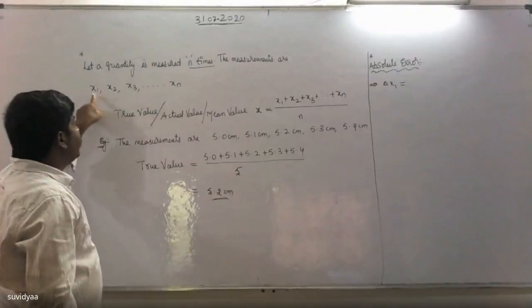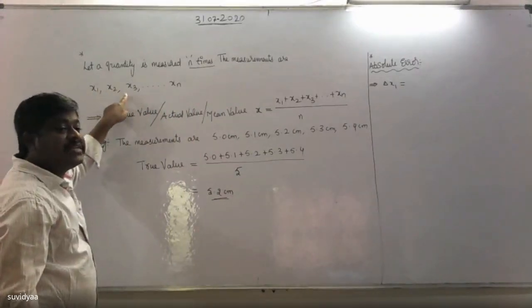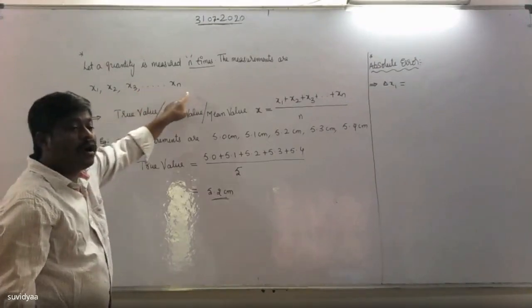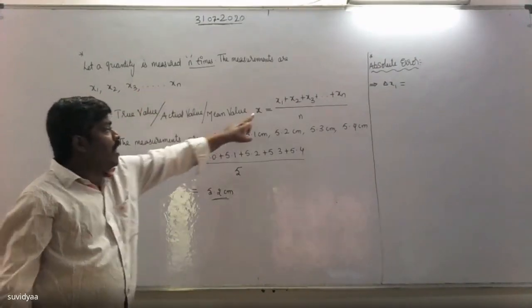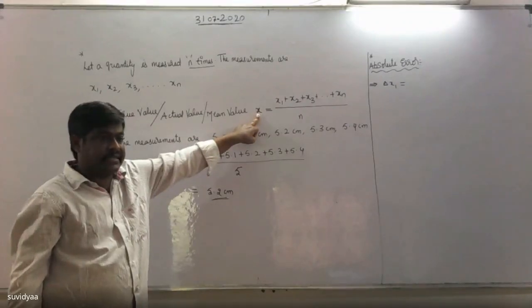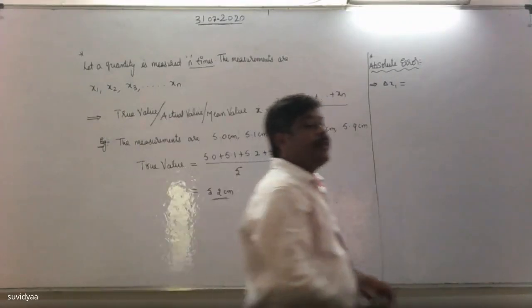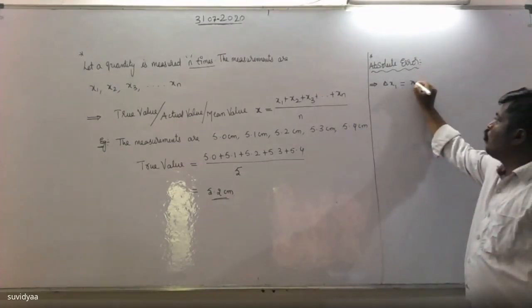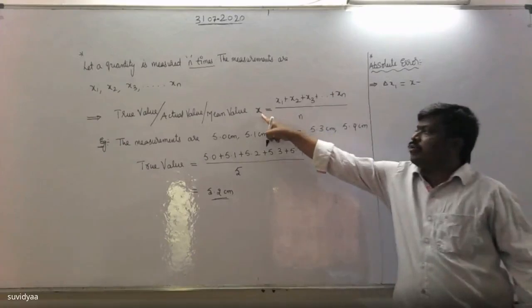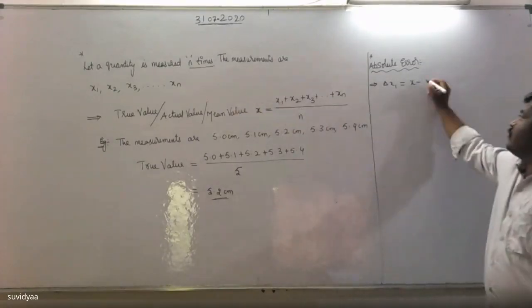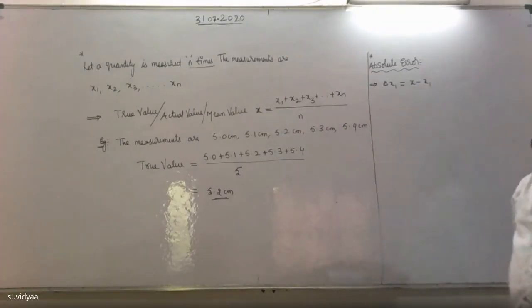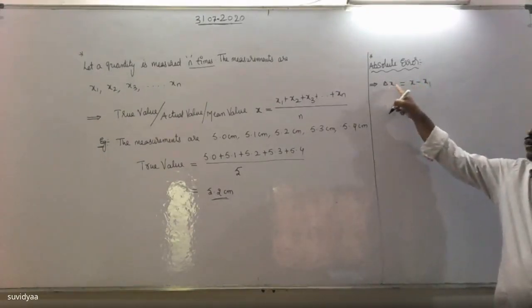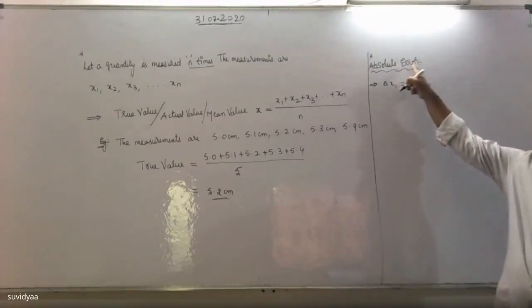The first measurement is x1, second measurement x2, third measurement x3, and so on. True value is X. So absolute error, delta x1, is nothing but true value minus first measurement, that is x1. X minus x1 will give you delta x1, that is absolute error.